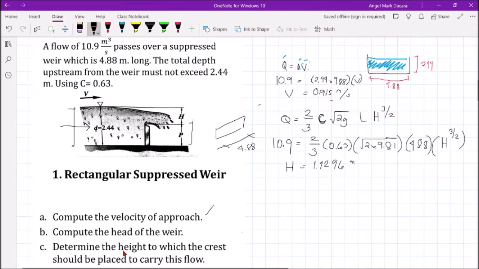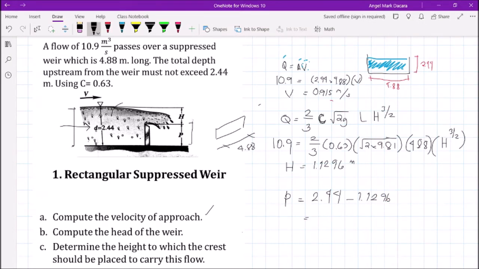And the last question: what is the height to which the crest should be placed to carry this flow? It seems everything is planned from the start. We know the discharge. We know the limit of the height in the channel. So what we adjust is just the weir, the height of the weir. So this P is equal to 2.44 minus 1.1296.